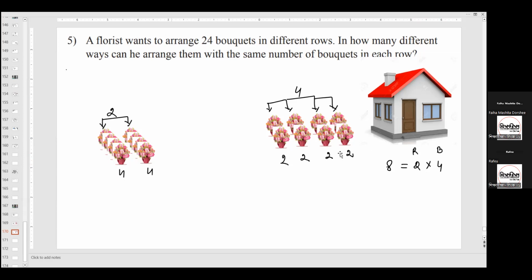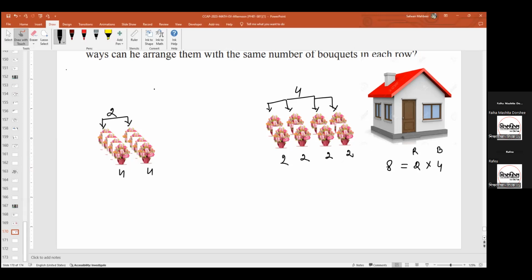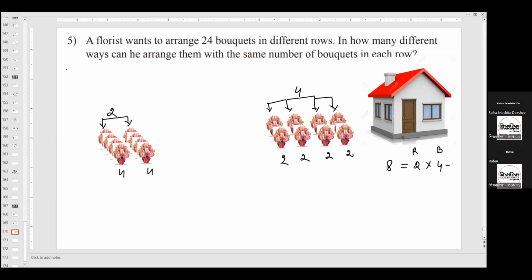So there are 2 different ways, right? Or if I say 1 and 8, right? I have 1 row with 8 flowers, or 8 rows with 1 bouquet in each row. So there are also 2 ways.